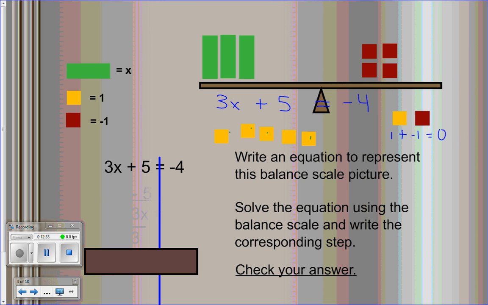Let's move this out of the way. So there's 1. And there's 2. 3 zeros. 4 zeros. And 5 zeros.